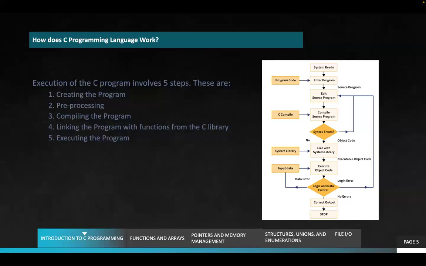Those functions also have to be linked while compiling and running the program. Once you are done with that stage, linking the program with the functions in the C library is done. Then, to understand the machine: the machine can be a laptop or a desktop, a Unix or Linux machine, a Windows machine or a Mac machine, whatever it can be.